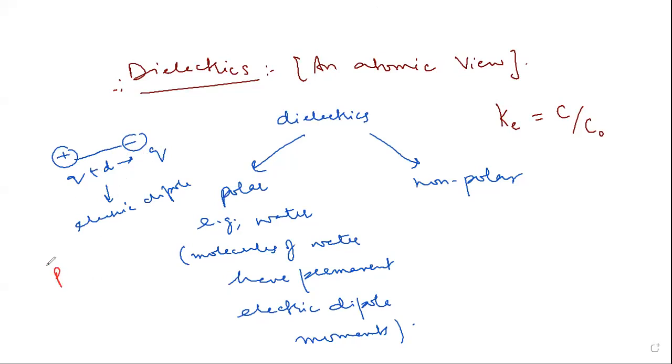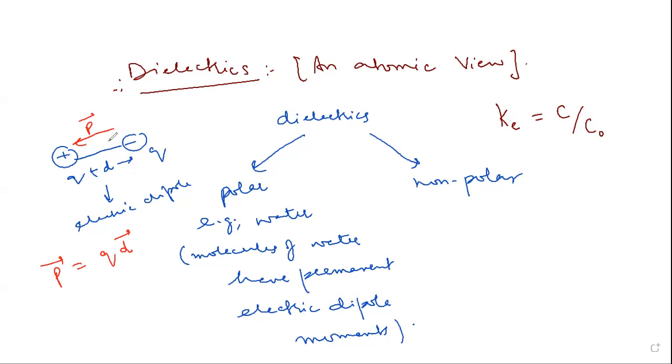We denote it by P and define it as the magnitude of either charge times the distance of separation. And we define it as a vector, where the direction of the electric dipole moment is along the axis of the dipole, pointing from negative to positive charge.